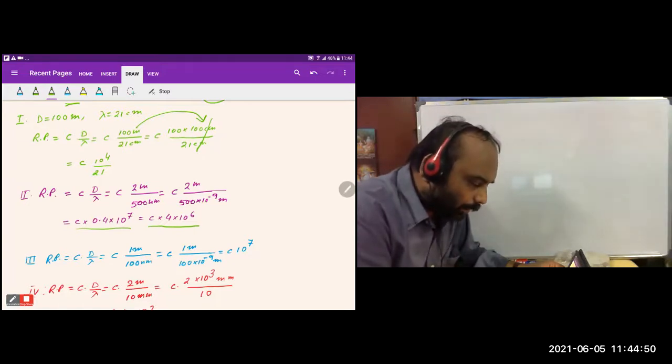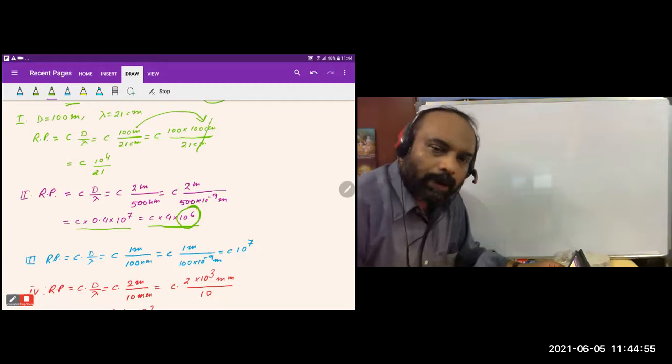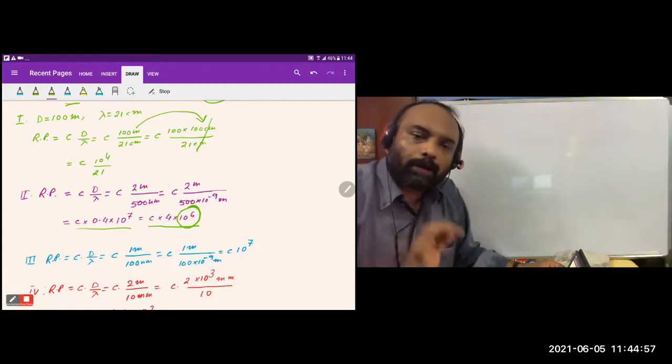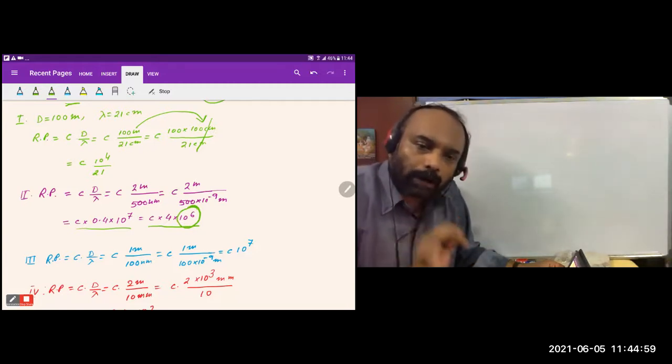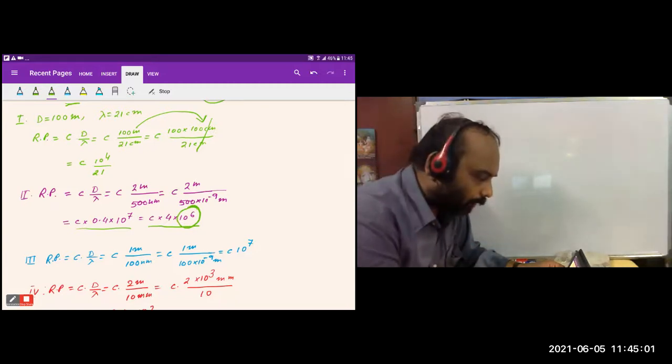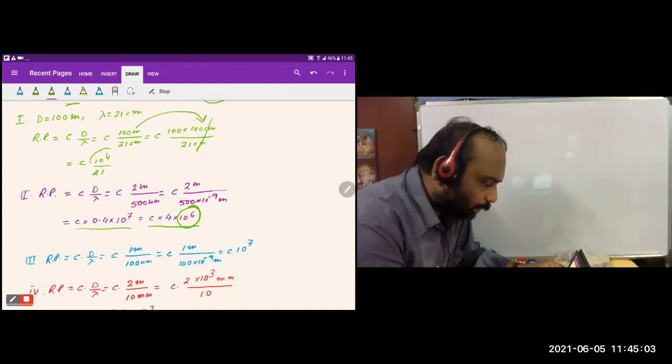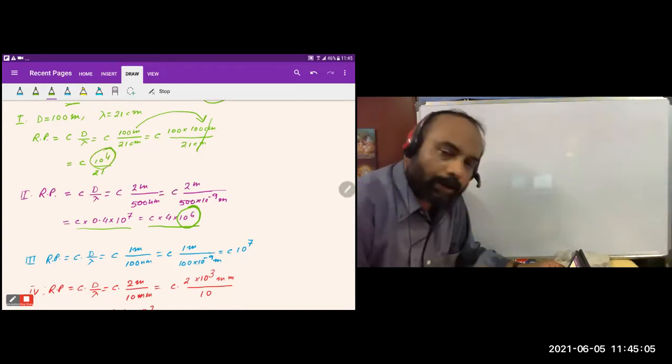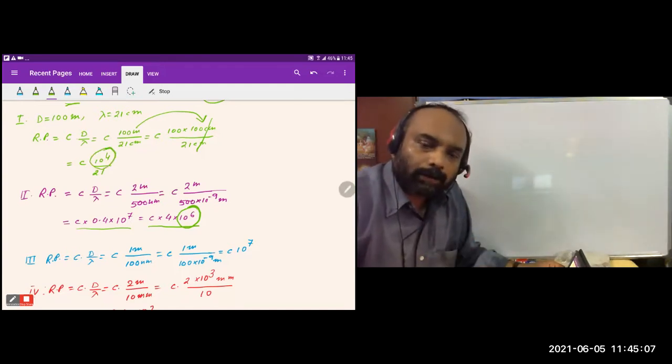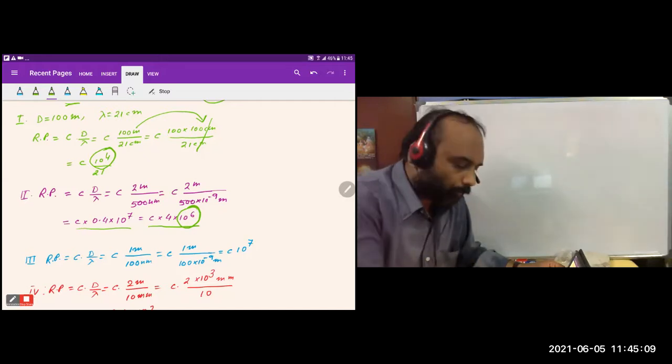So I'm basically paying attention to this 10 to the power 6 or 7 or 5 or 4, that value. In the first case, it was 10 to the power 4. Second case, 10 to the power 6. So order of magnitude.